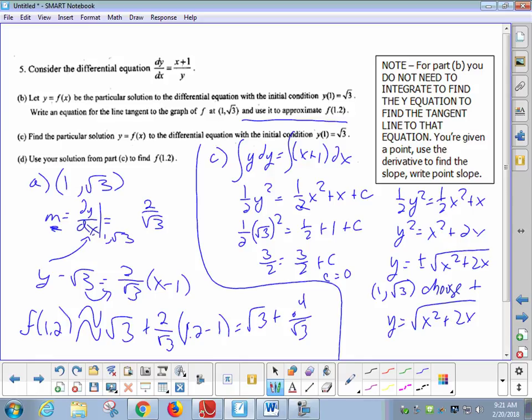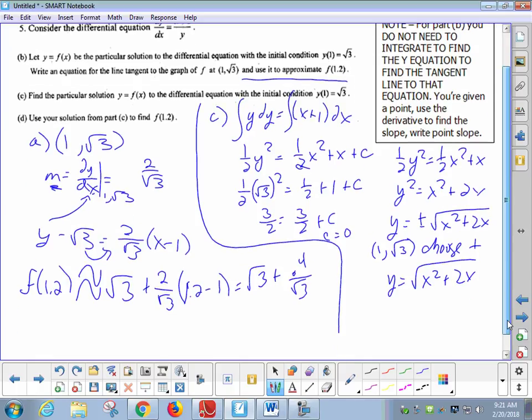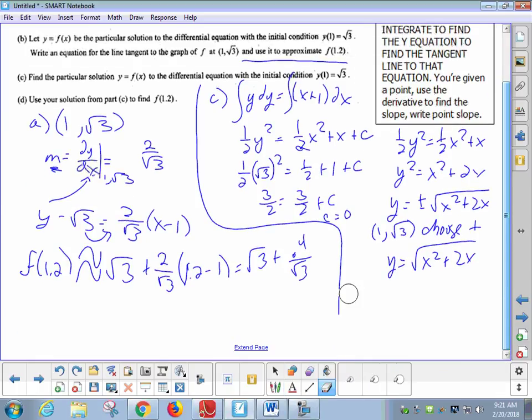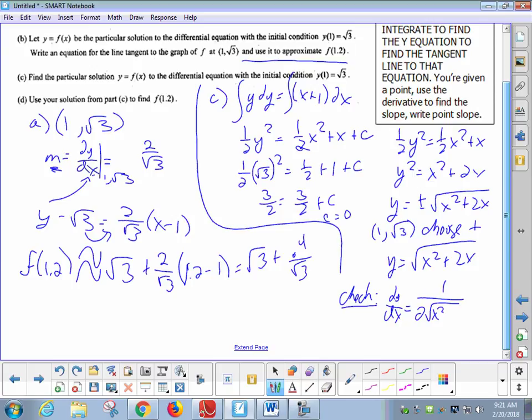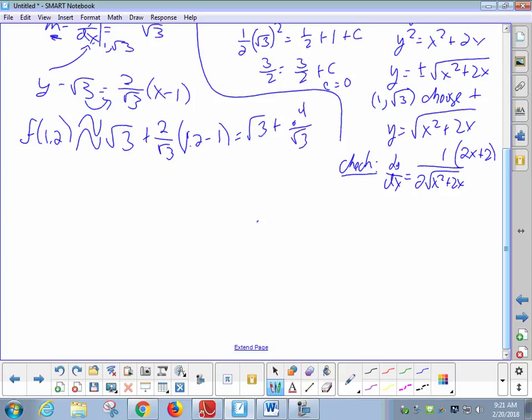It's actually pretty easy to check the derivative. For the sake of future learning, can I just throw something at you here real quick? This will make my job easier in about a week. If I take the derivative of this, dy/dx is 1 over 2 root x squared plus 2x times the derivative of the inside, 2x plus 2, right? Do you agree?